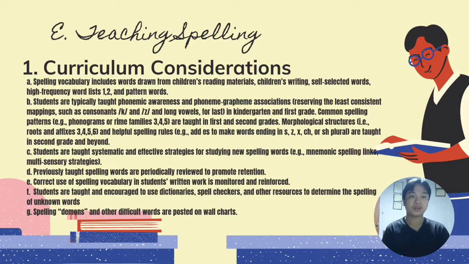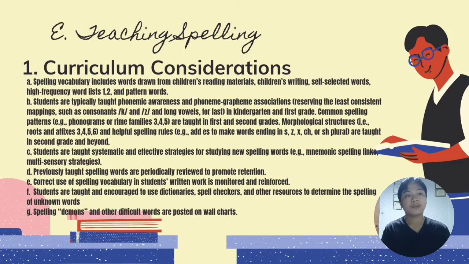Letter E. Correct use of spelling vocabulary in students' written work is monitored and reinforced. Letter F. Students are taught and encouraged to use dictionaries, spell checkers, and other resources to determine the spelling of unknown words.